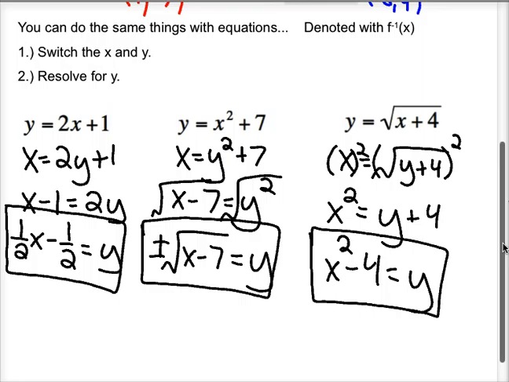And you have y back by itself. So this idea of inverses is actually not too horribly difficult, okay? You just have to know to switch x and y and then do whatever it takes to get y back by itself again. And once you do that, you're done and you have your inverse equation.